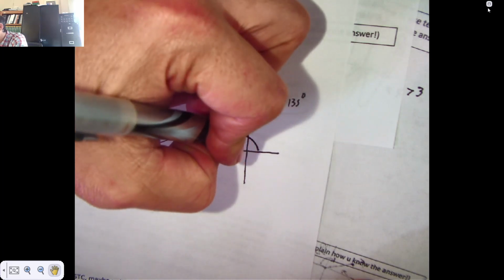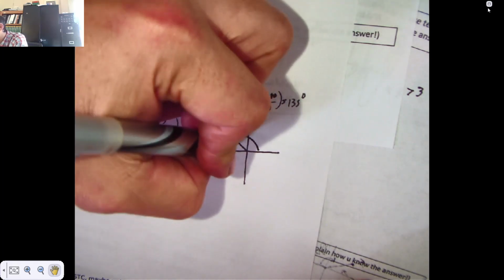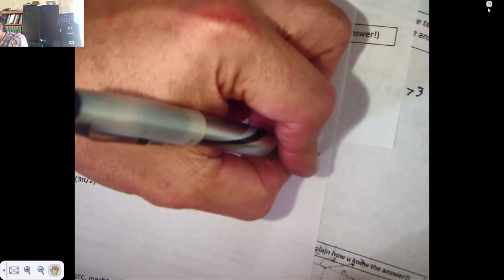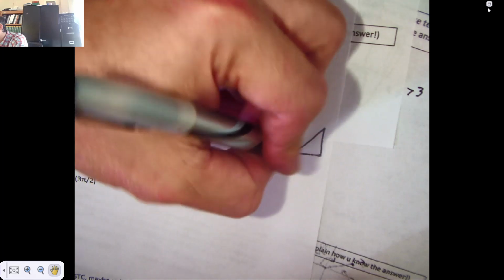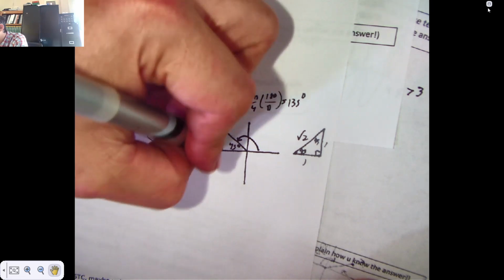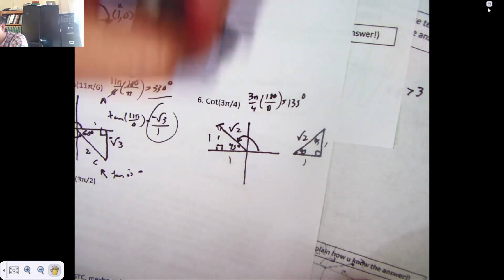So she rotates into quadrant 2, and what's left is a reference of 45 degrees. So the pattern I would have talked about in your notes would be 1, 1, root 2. Adjacent to either 45-degree angle wherever you're looking is a 1. Opposite is a 1. Root 2 is a hypotenuse.